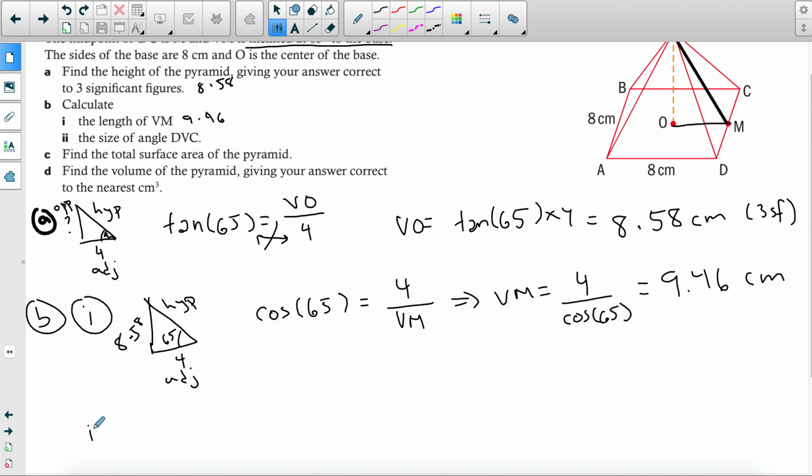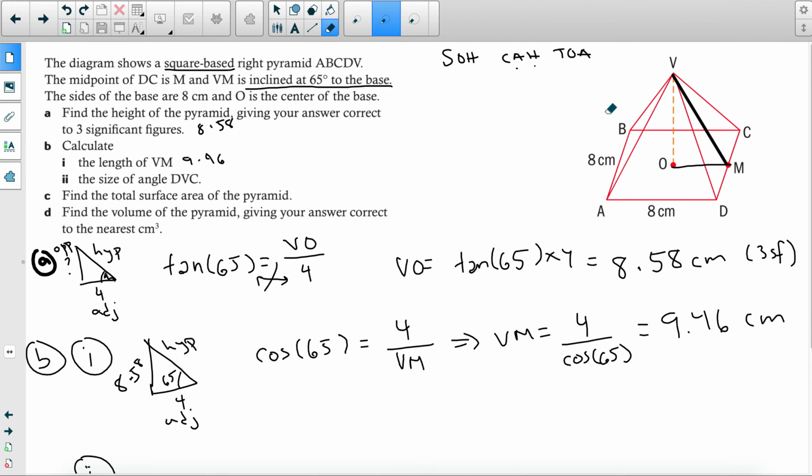Now, for part II, they want the size of the angle DVC. The angle DVC is not part of a right angle triangle. So go up, VC, they actually want this angle. And it's not part of a right angle triangle. Unless it's made obvious to you, do not assume they have a right angle triangle.